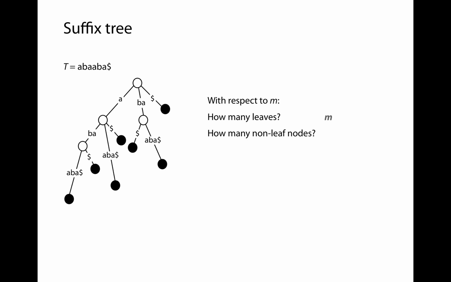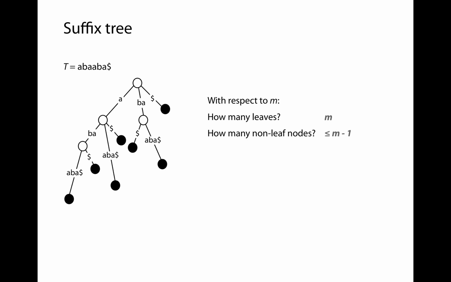We just said that all of the non-leaf nodes have at least 2 children. One thing you might remember about binary trees, a binary tree being a tree where all of the non-leaf nodes have exactly 2 children, is that if the number of leaf nodes is m, then the number of non-leaf nodes is exactly m-1.